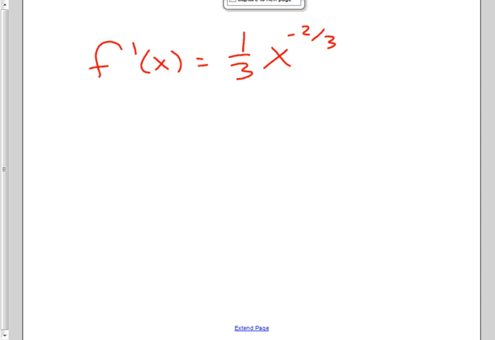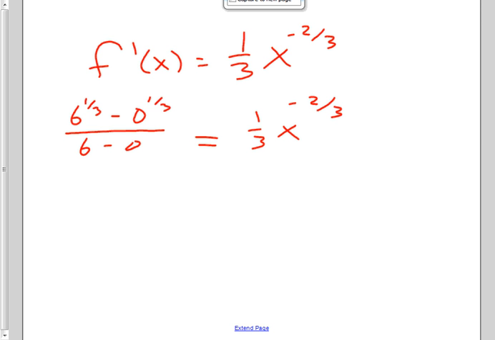And I want to know, when does this equal the average rate of change on that interval from 0 to 6. So we can solve for this. We get 6 to the 1/3 equals 1/3 x to the negative 2/3.